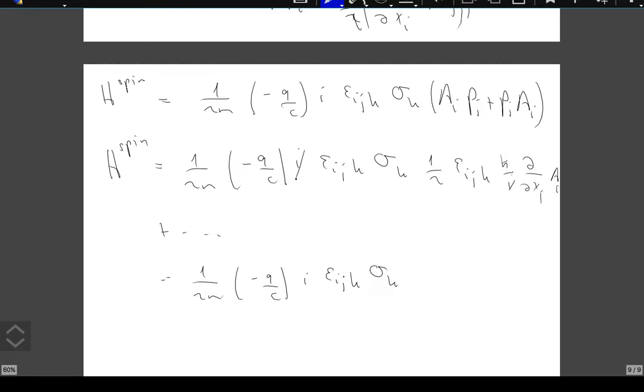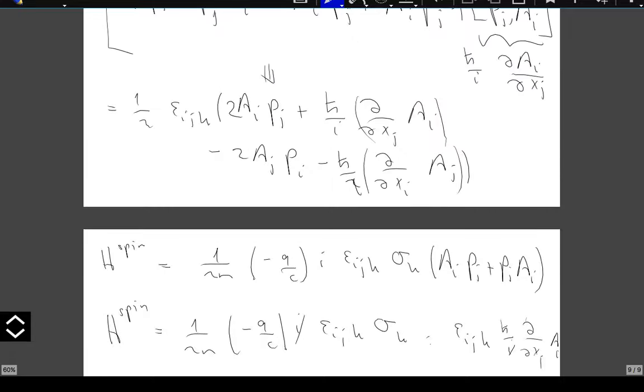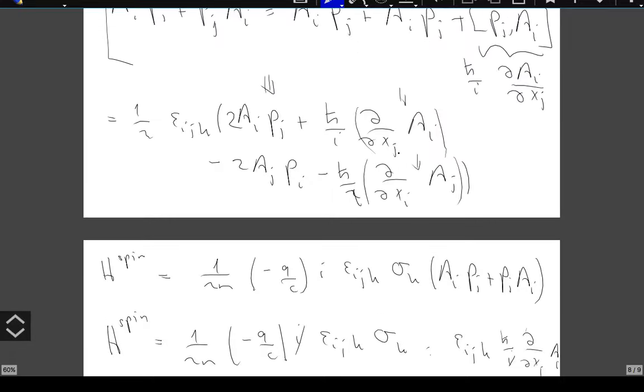Well, these i's will cancel. This 1 over 2 will also cancel, since I have this term and this term, I can just add them up.